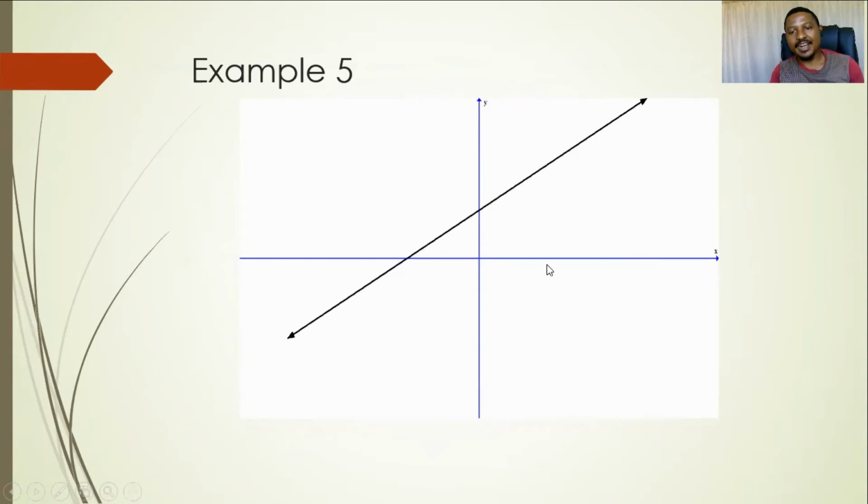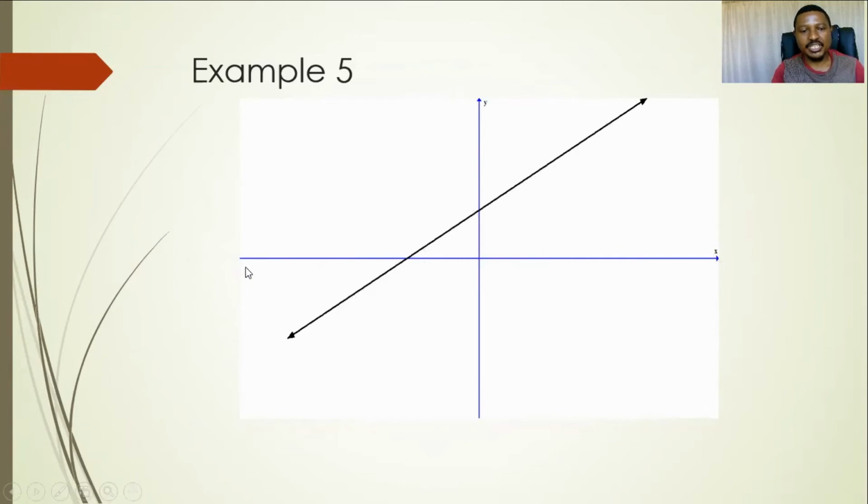Now, if we have to answer the question of the domain for this function, that means we're looking at the x values or at the x-axis, and we ask ourselves, is there anywhere in the x-axis where this function is not defined? I cannot see anywhere because each x there is mapped to something in the function.